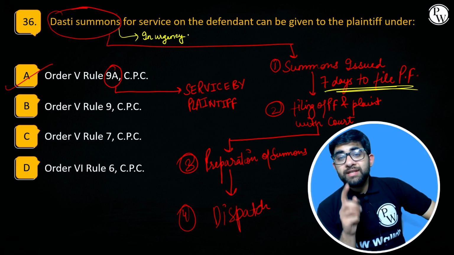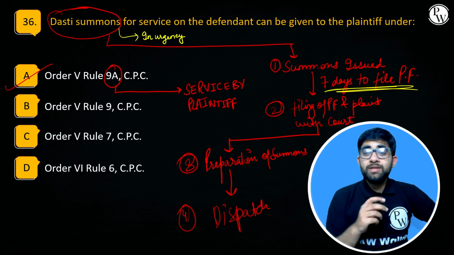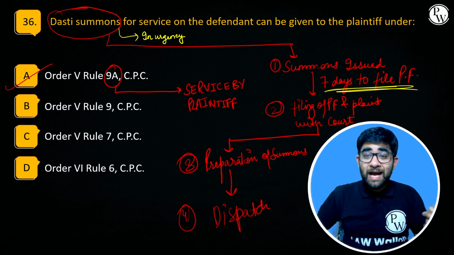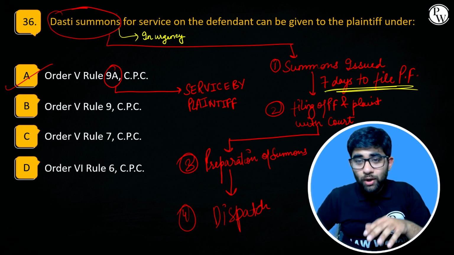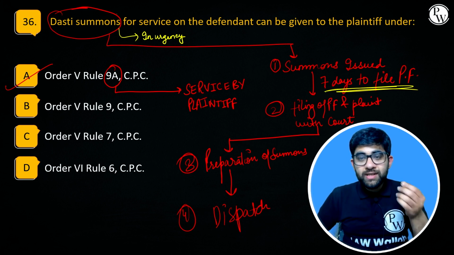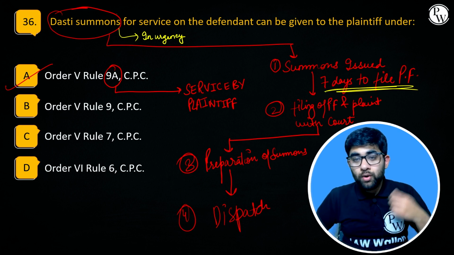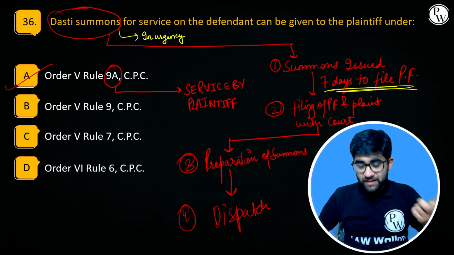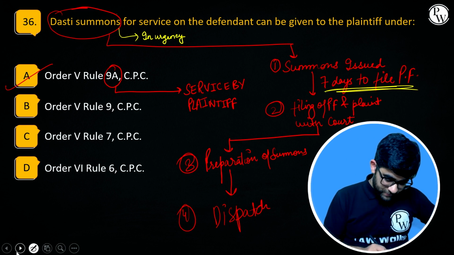Okay, if there is urgency you can request the court for dasti summons, the court will allow the dasti summons, and on that day only you can get your summons ready and you can go with the court staff to deliver the same to the defendant's place, right?